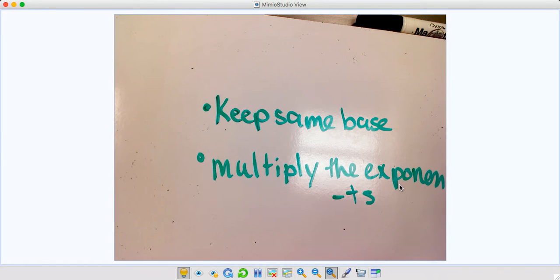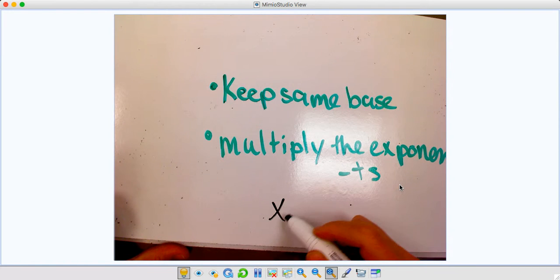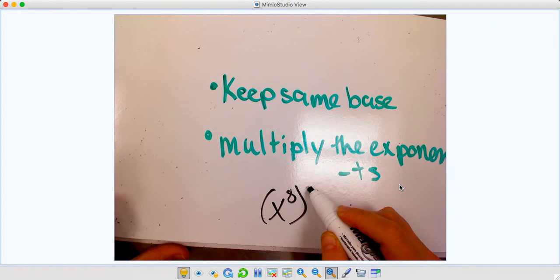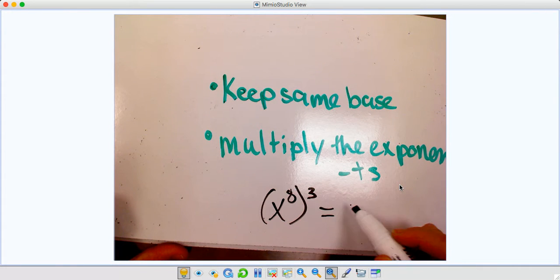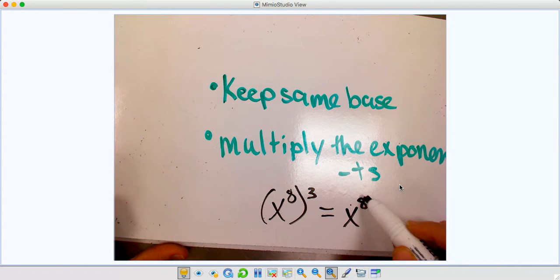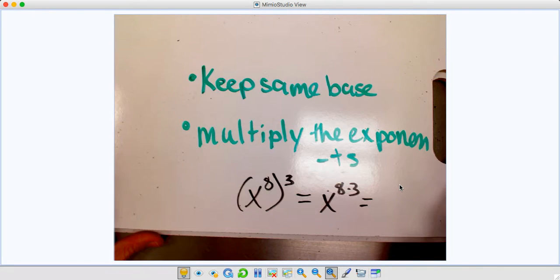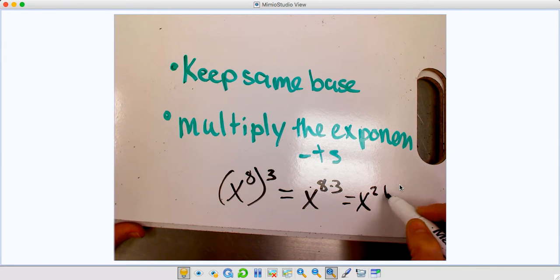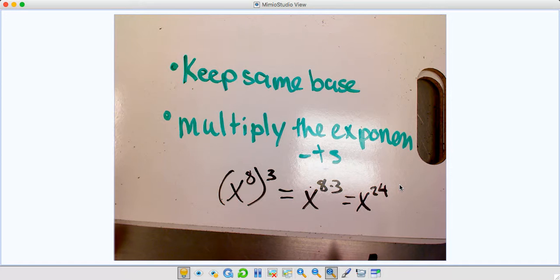Okay, let's see what that looks like with some variables. So I have x to the 8th power to the 3rd, which is going to give us x to the 8 times 3, which is going to give us x to the 24th power. All right, I'm going to give you a second to copy that down. You can stop the video.